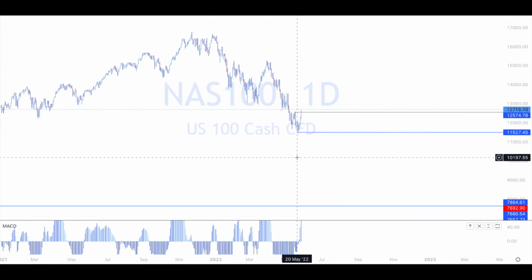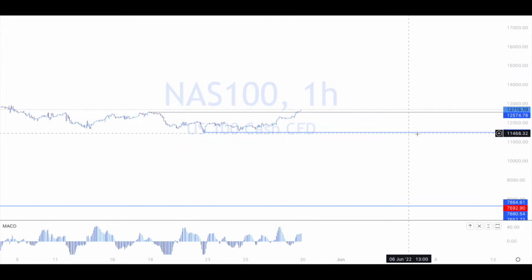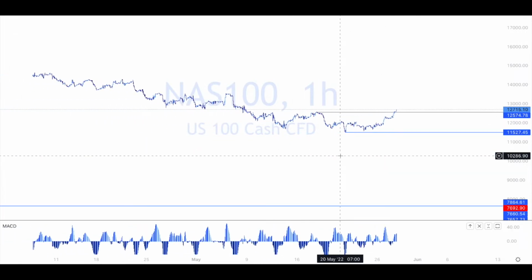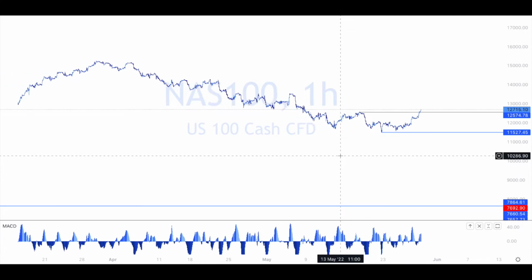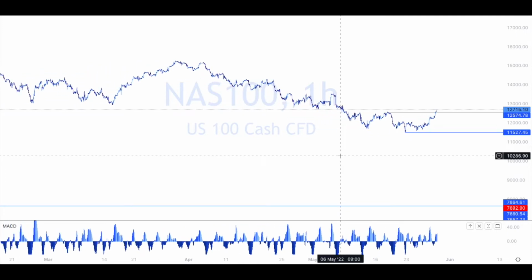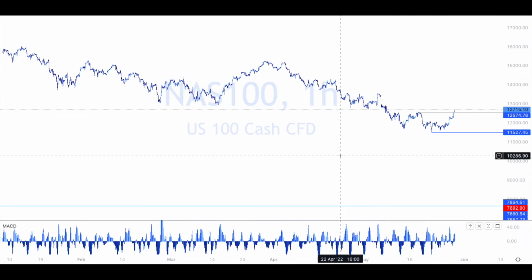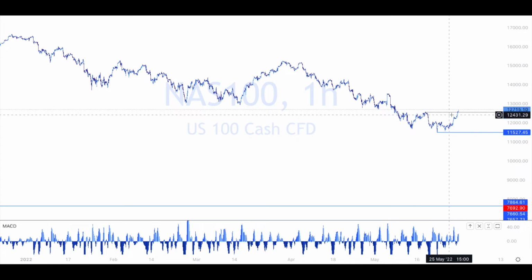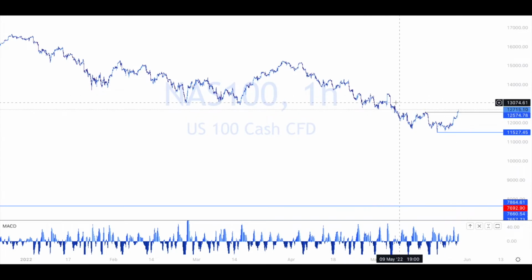So I'm now going to go into a lower time frame. I'm going to go back into the 1 hour. And then what I'm going to do is look for areas where I think price might be returning back to, because price needs to break one of these high points, and there are tons of high points on this overall chart over here.